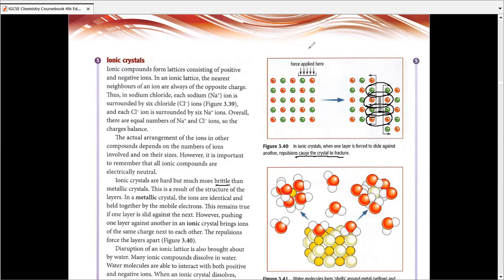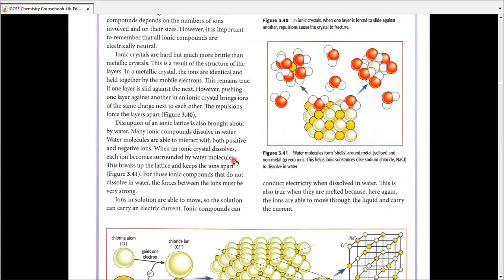Right? Now, this kind of destruction is also brought about by water. Ionic compounds dissolve in water because water is able to interact with them. Water can break them apart. Water can break the entire lattices. How? Water takes away the positive ions as well as the negative ions.